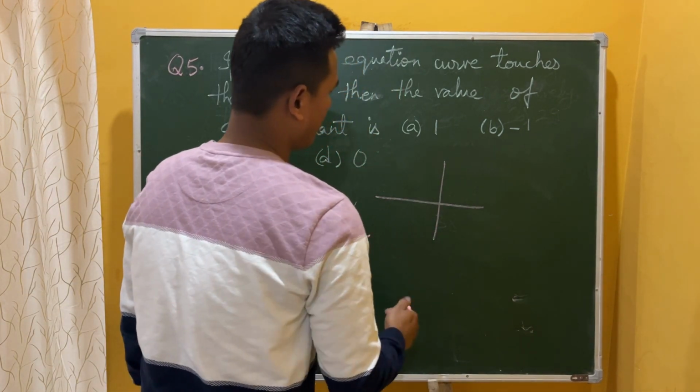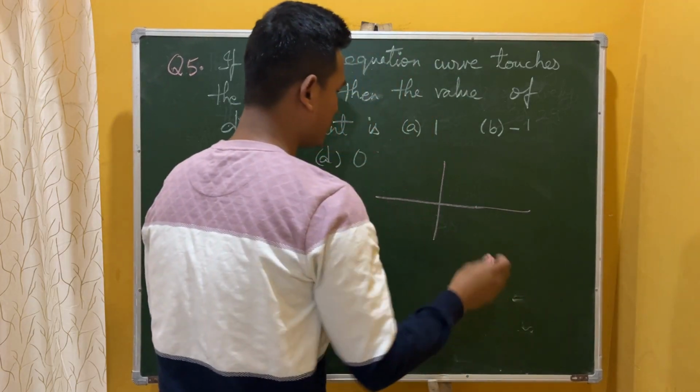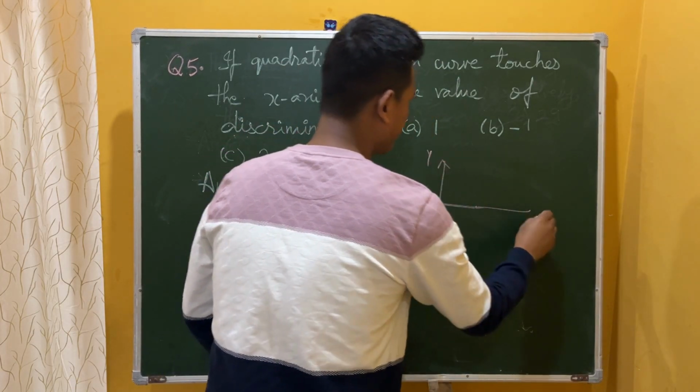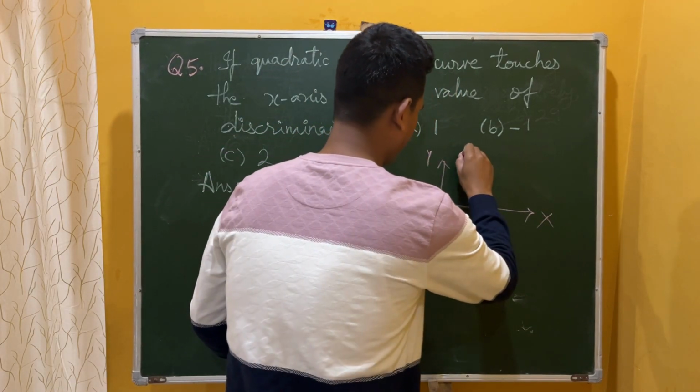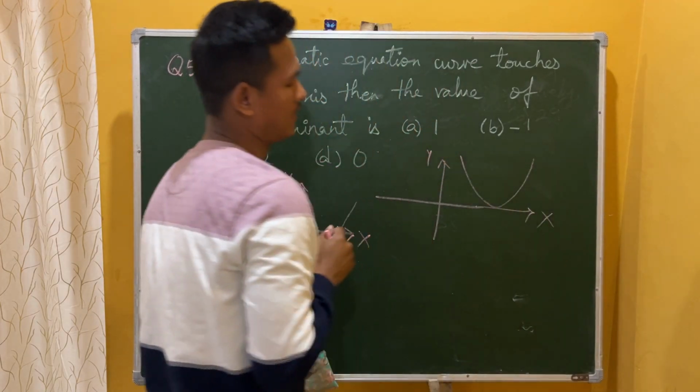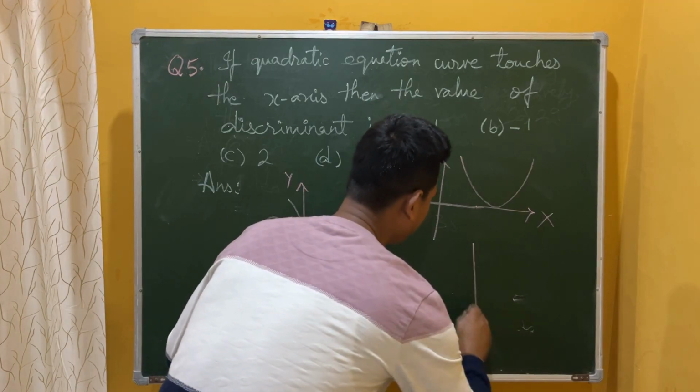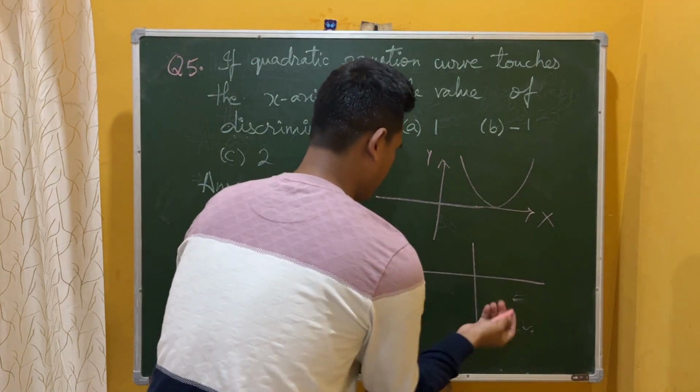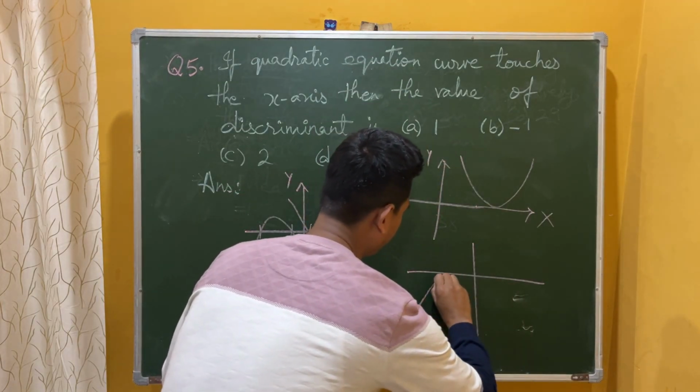But this is also possible. Let's say this is the y-axis and this is your x-axis. A quadratic equation like this, or in the downward direction.